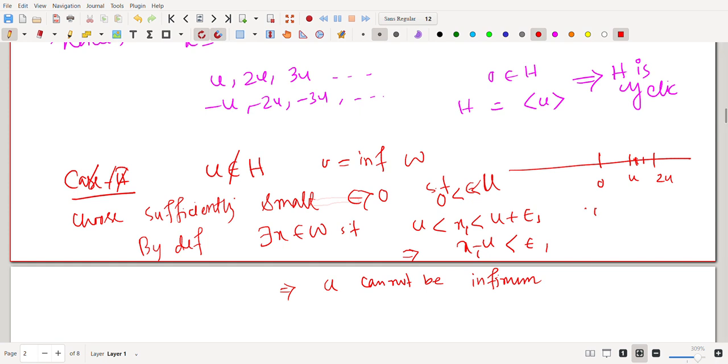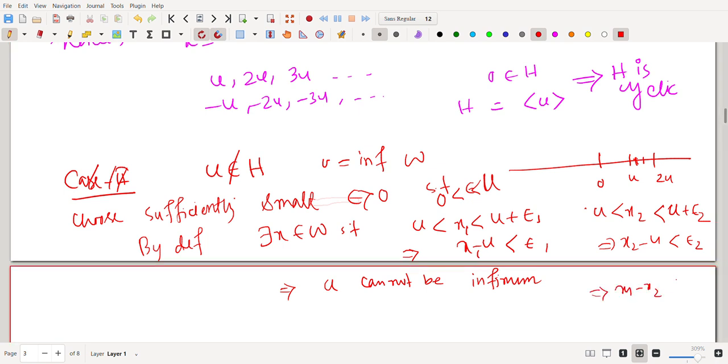You can choose again epsilon 2, and for that you choose x2 here, which is again very small. Then x2 minus U is less than epsilon 2. That will imply x1 minus x2 is strictly less than epsilon 1 minus epsilon 2, which is a very small quantity again.